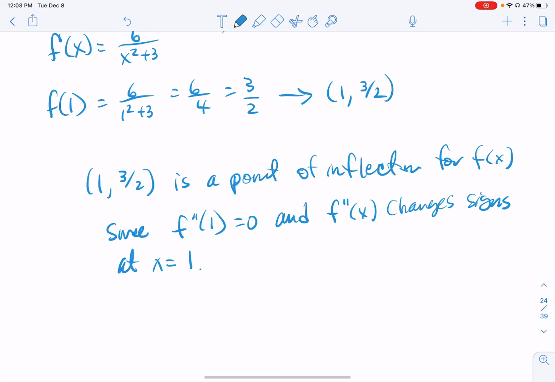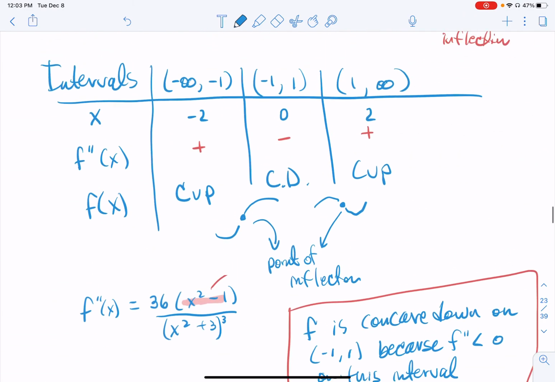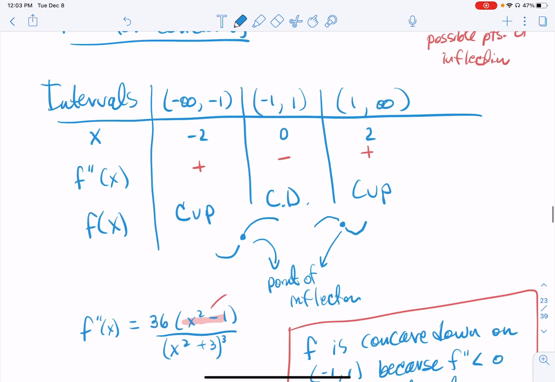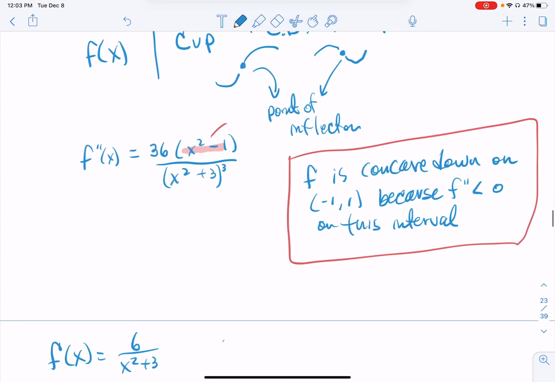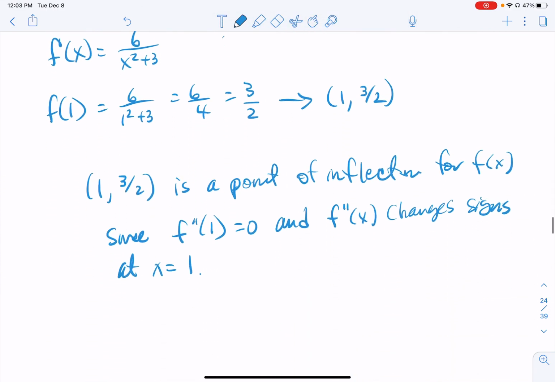I could also have said, I could be more specific, that it changes from, what did it change from on this one? It changes from plus to minus. No, minus to plus, that's what it did. It changed from minus to plus. Okay, I just need to know that it changes signs.